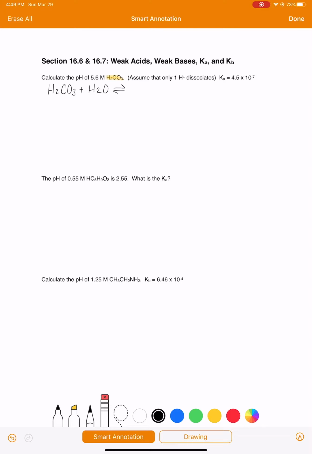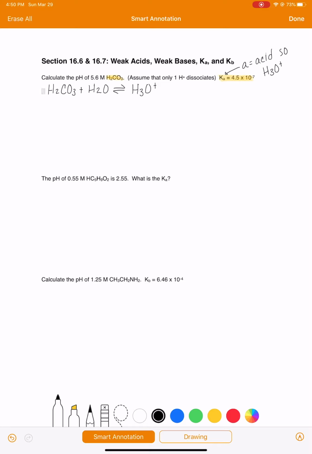To figure out if it's an acid or a base, we're going to look at Ka or Kb, the equilibrium constant. If it is a Ka, like it is in this case, Ka means that our reactant is an acid. And when our reactant is an acid, one of our products is H3O plus.